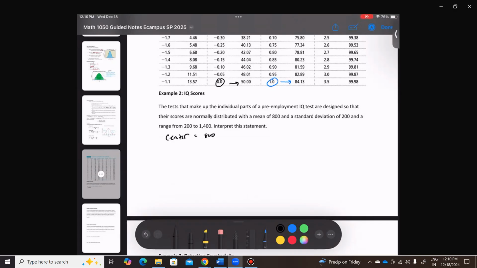And 3 standard deviations from the center make up your range. So the range is from 200 to 1400, which is a -3 for your z-score, and 1400 is 3 for your z-score.